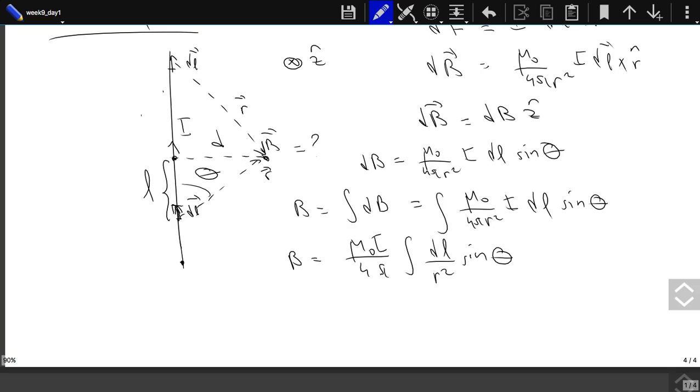Now we have to choose our integration variable. We have to choose one variable, and we have to express all the other variables in terms of that single variable. So here, L will be changing as I change this dl. R will be changing. Theta will be changing. You can choose whatever you want as your variable. Let me just choose theta as my variable. I would like to write everything in terms of this theta. Now let's start with R. R times sine theta is just D. So R is D over sine theta.